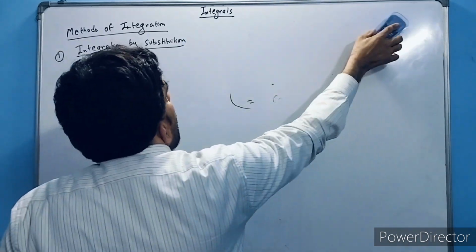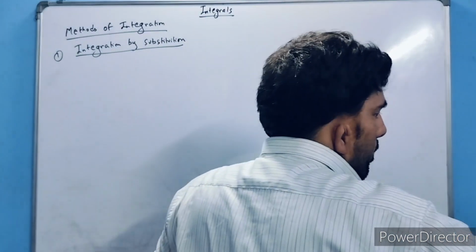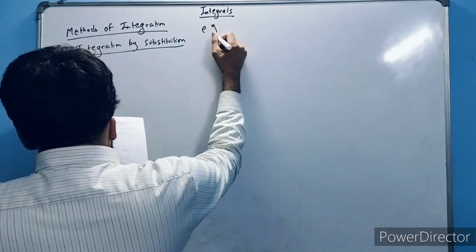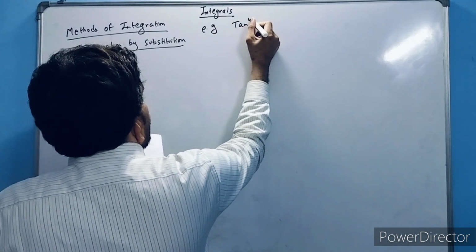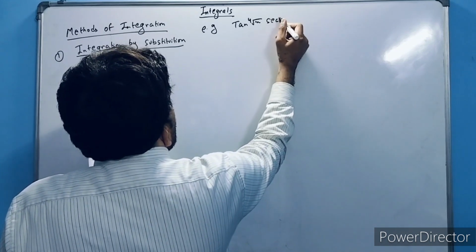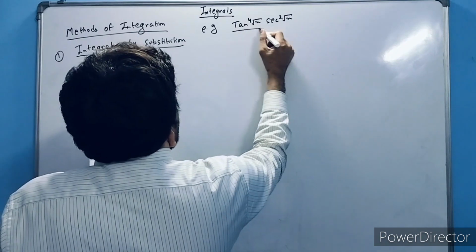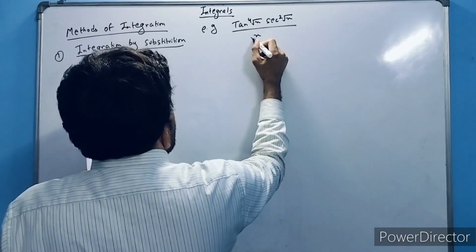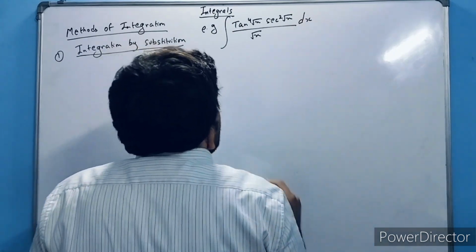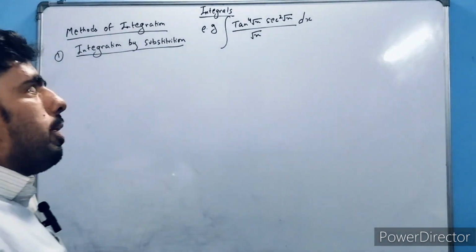The third example is the integral of 10 raised to the power 4 tan root x, sec square root x, upon root x, which we need to integrate with respect to dx.